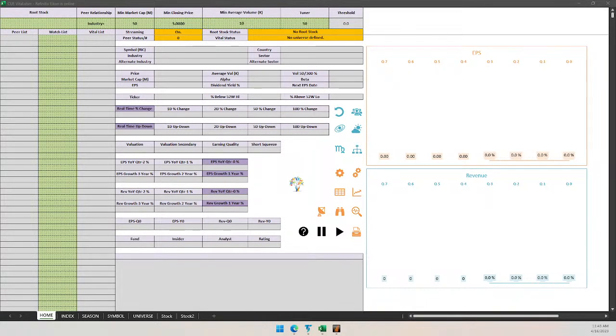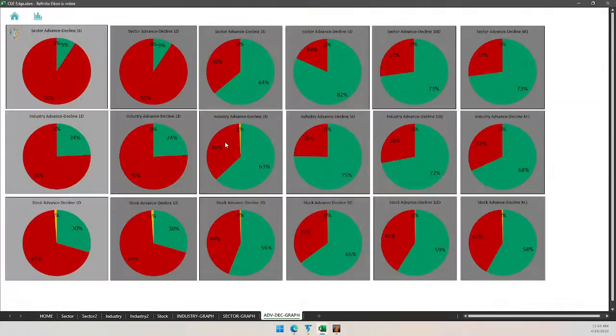What is the information we can gather from sector industry stock advance decline? 1 month and 10 day, the longer term periods, are bullish. 5 days also bullish, medium term. 2 day is also bullish, but 1 day is bearish. So on Friday, the market came down.